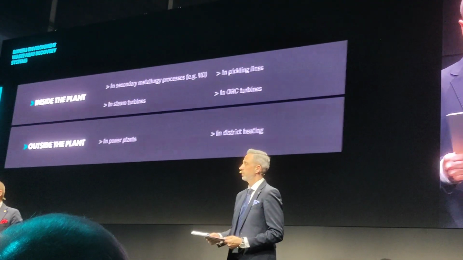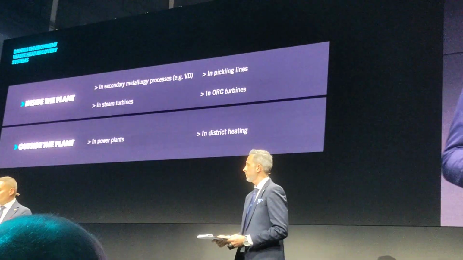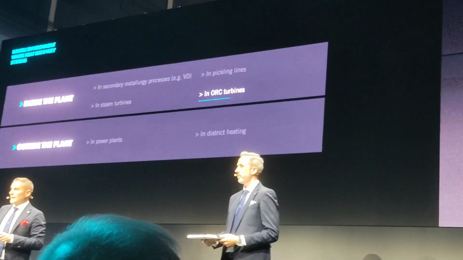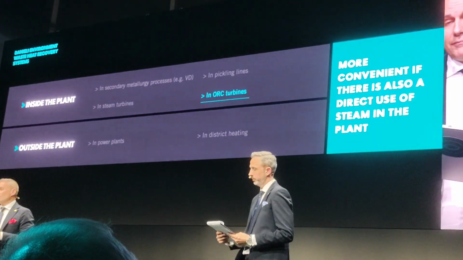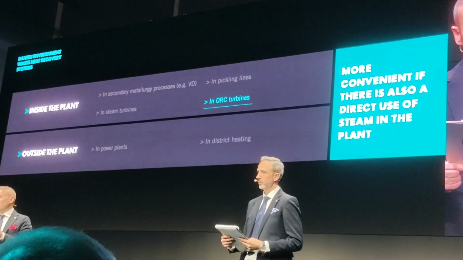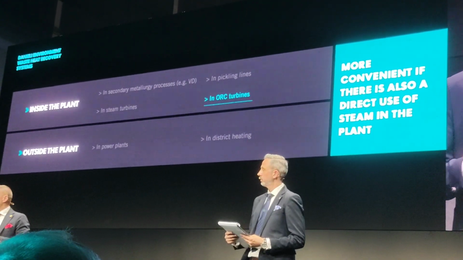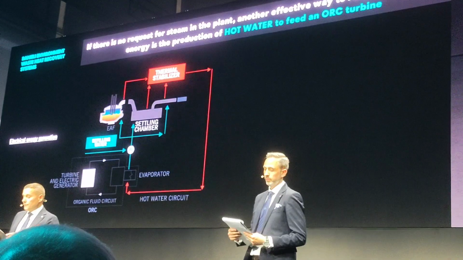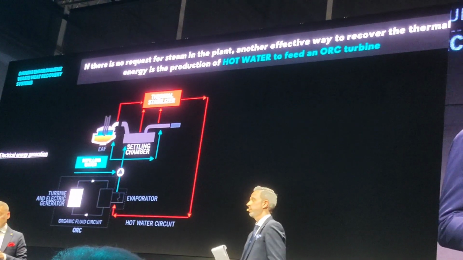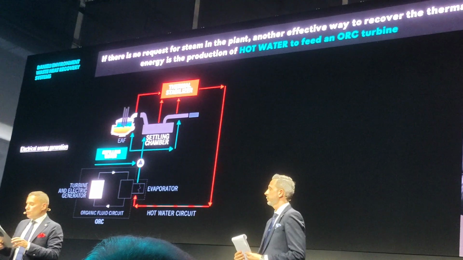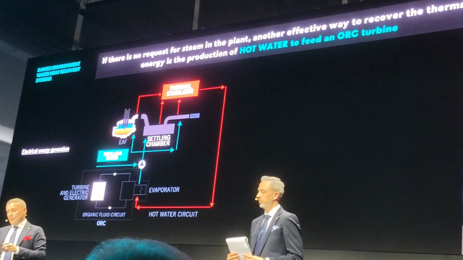If the final purpose of the thermal energy recovery is only the electrical energy production, there's no need to have a more structured and, in some aspects, more complicated plant like the one for the steam generation. In fact, for this specific case, there is another effective way to recover the thermal energy, and this is by generating hot water instead of steam.